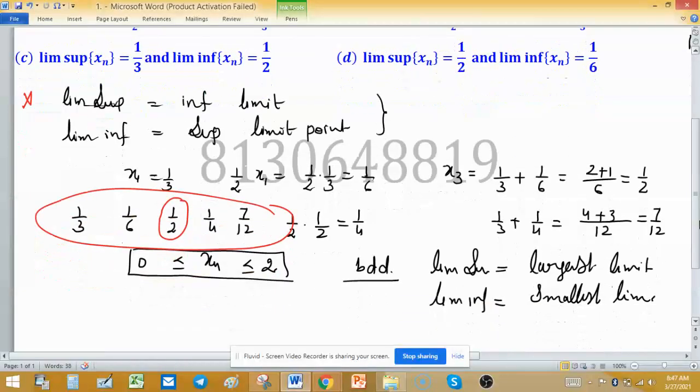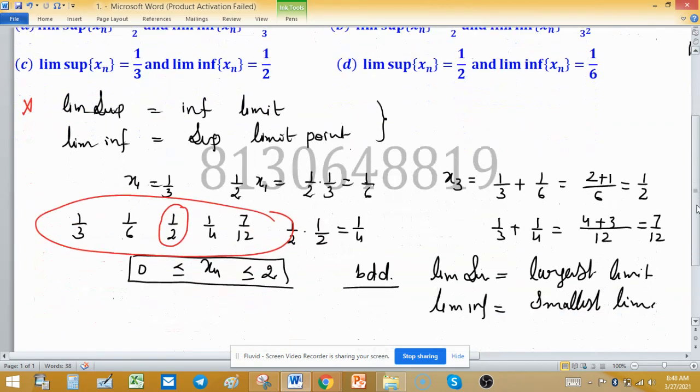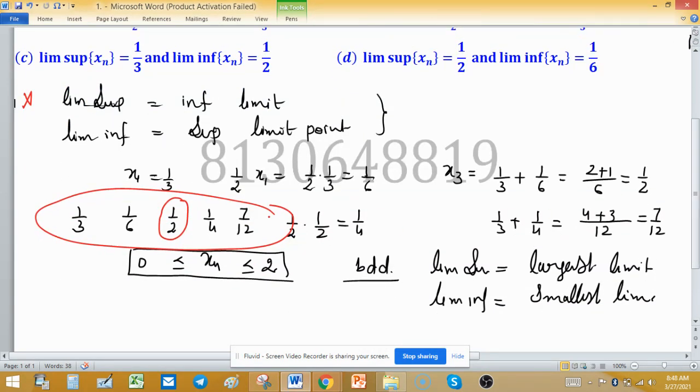So for limit inferior, a few possibilities are 1 upon 3, 1 upon 3 square and 1 upon 6. Now again come to these few terms. You can say that 1 upon 6 is the smallest in these few terms.